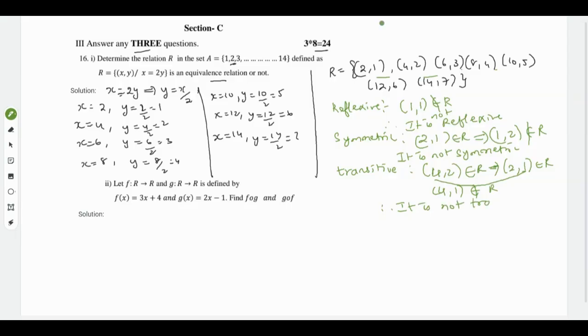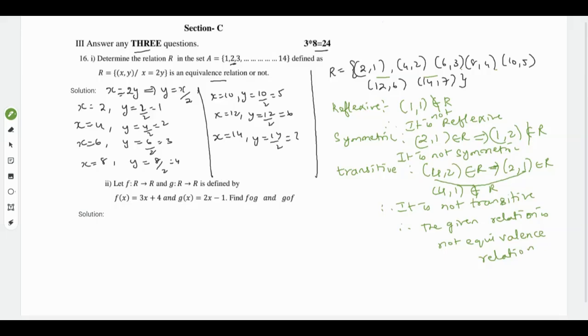Since it is not reflexive, symmetric nor transitive, therefore the given relation is not an equivalence relation. Why is it not equivalent? Because it is not satisfying the reflexive, symmetric and transitive properties.